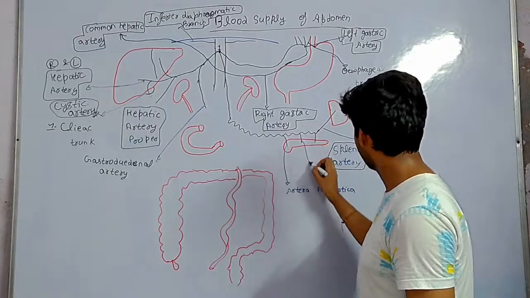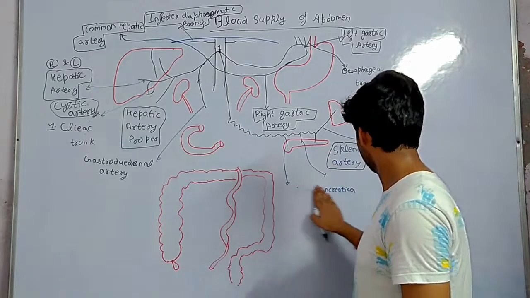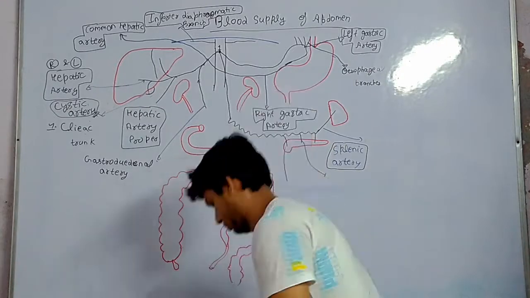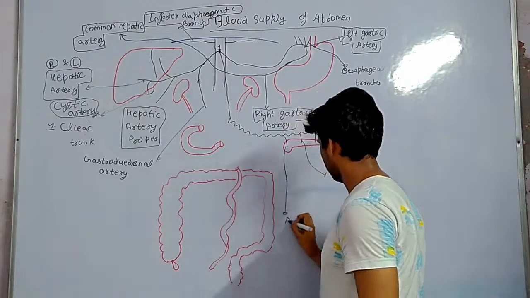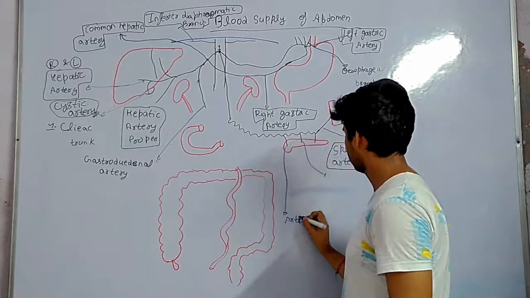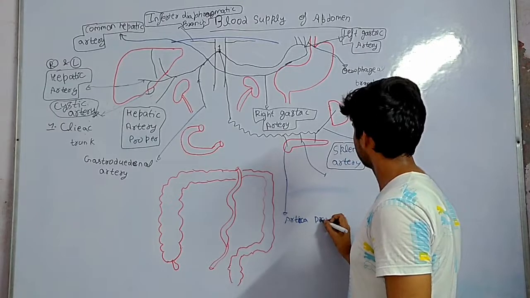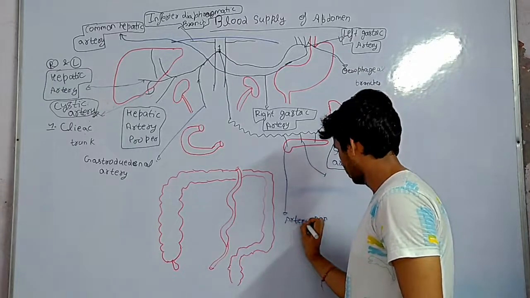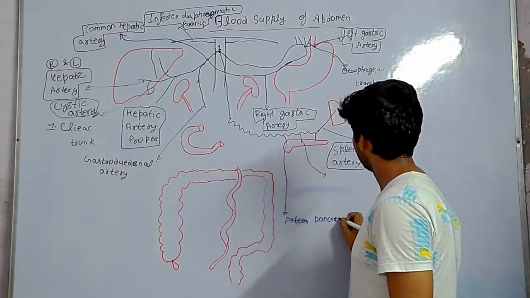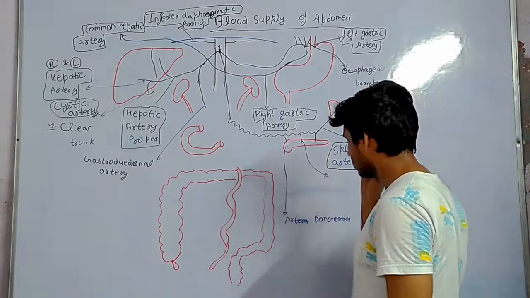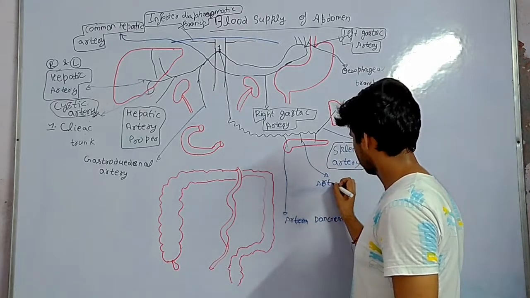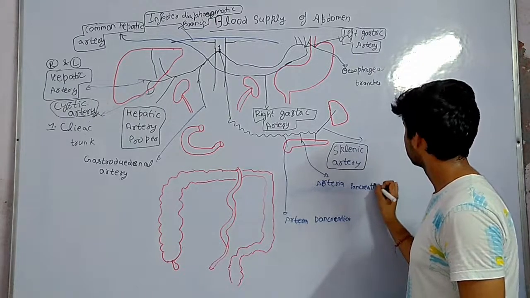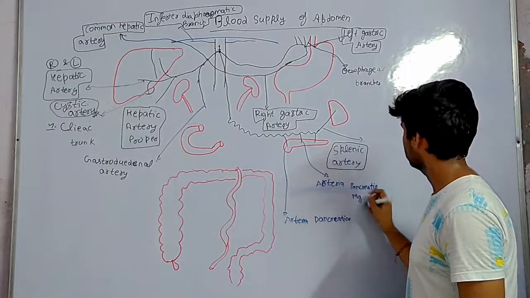The second branch is called arteria pancreatica magna. This is magna.